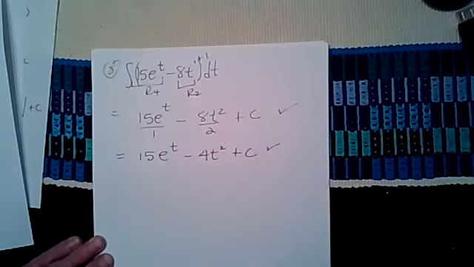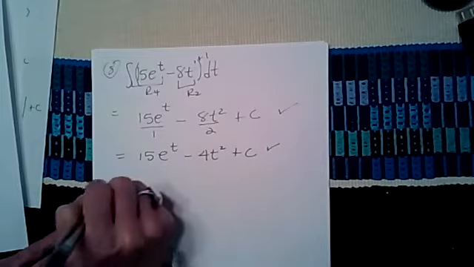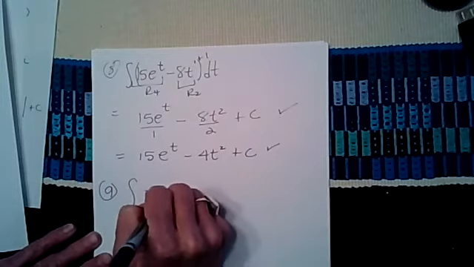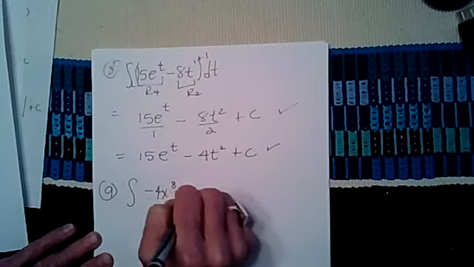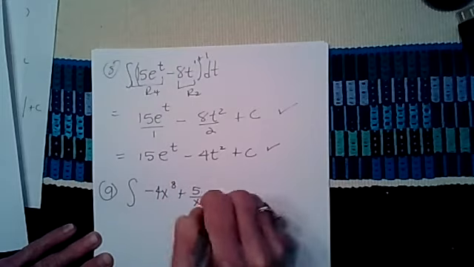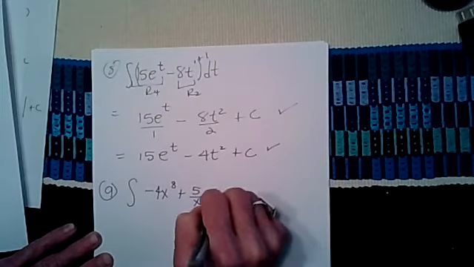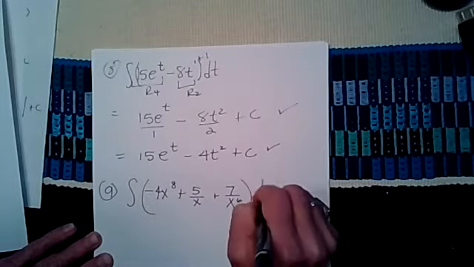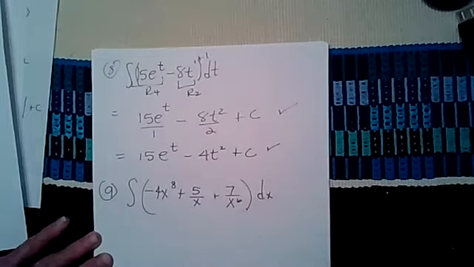Either way that you want to do it, however you feel comfortable is how I want you to do it, okay? Question number 9 is the integral of negative 4x to the 8 plus 5 over x plus 7 over x to the 6. So I do see that I have to rewrite several of these.